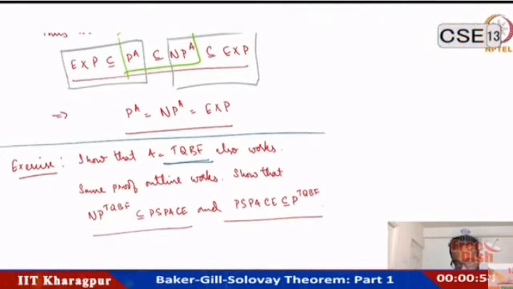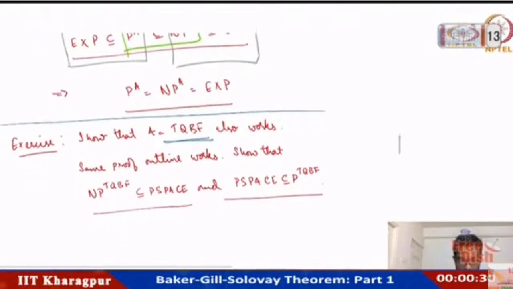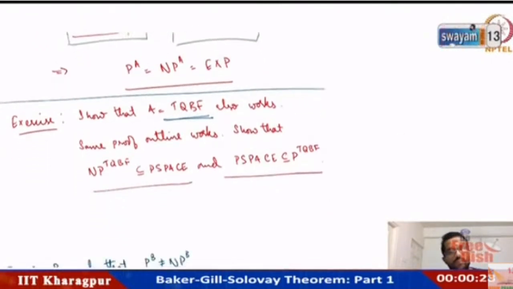You could show that NP power TQBF is contained in P-space and P-space is contained in P power TQBF. And then finally we have the sandwich equation: P-space is contained in P power TQBF, contained in NP power TQBF, contained in P-space again. So it has to be the case that P power TQBF equals NP power TQBF. So A equal to TQBF also works.